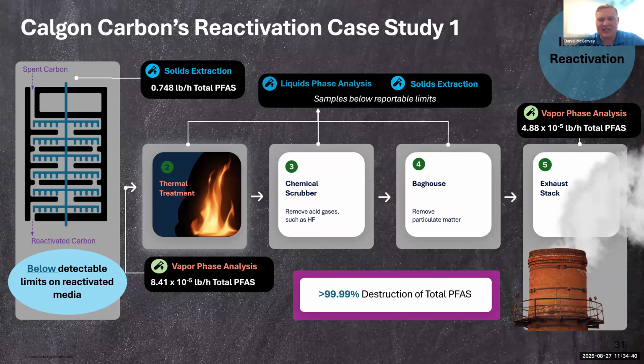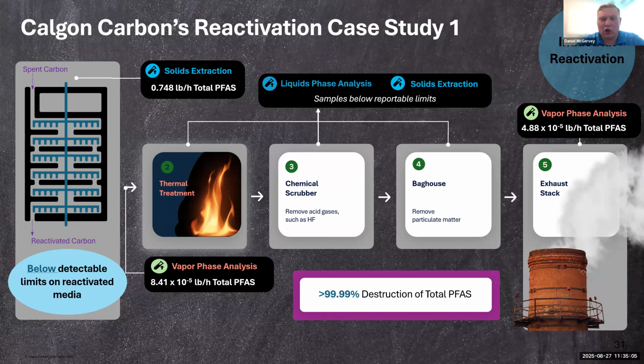So the PFAS is coming off the reactivated carbon itself. Out of just the furnace, before even the abatement system, we have levels down to 8 to the -5 of total PFAS coming out of that furnace. So almost all of the destruction of PFAS is happening in that furnace.